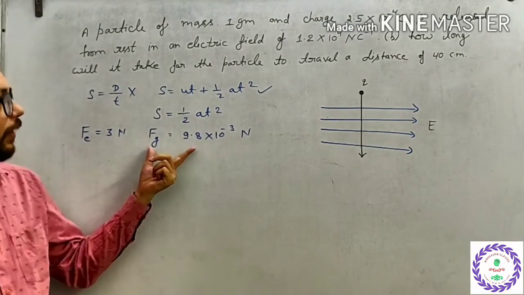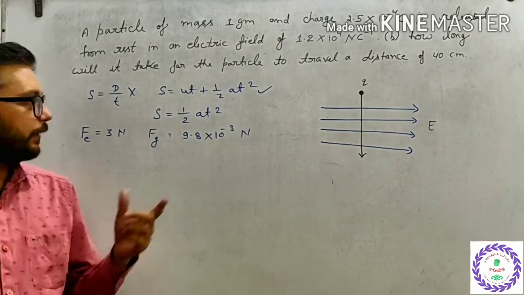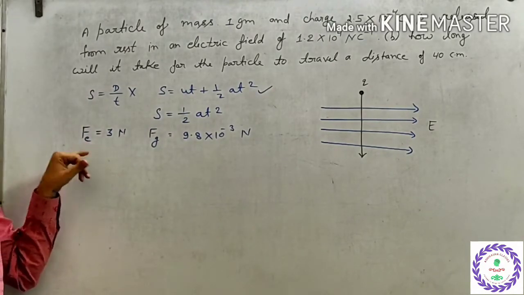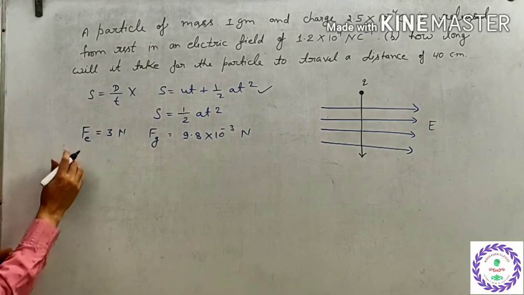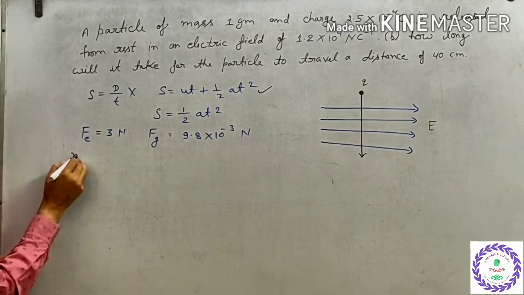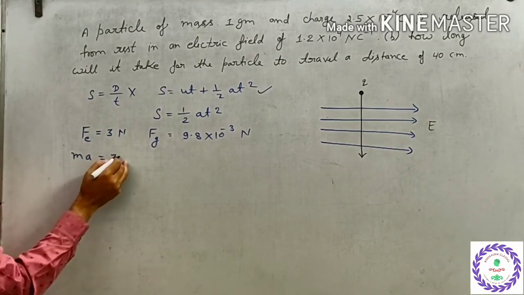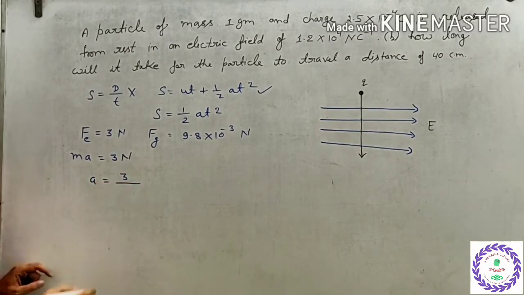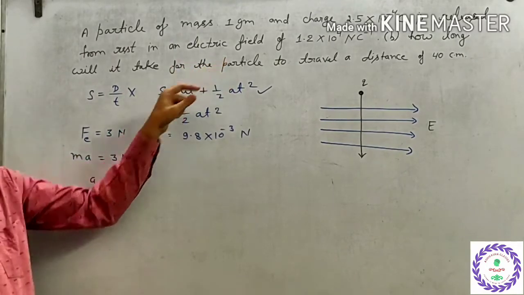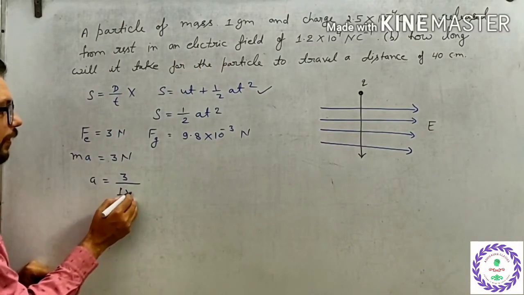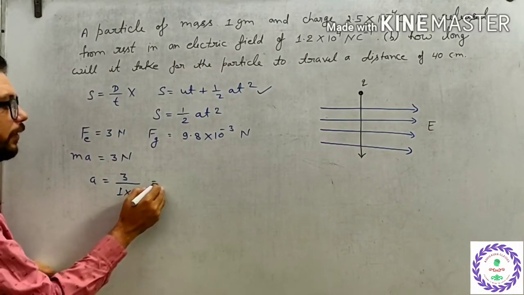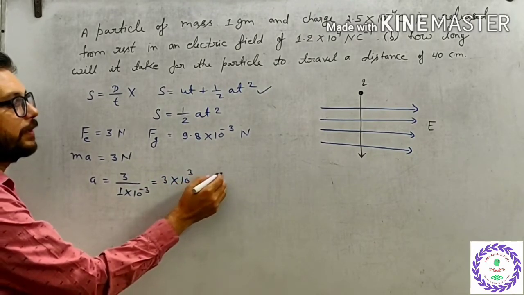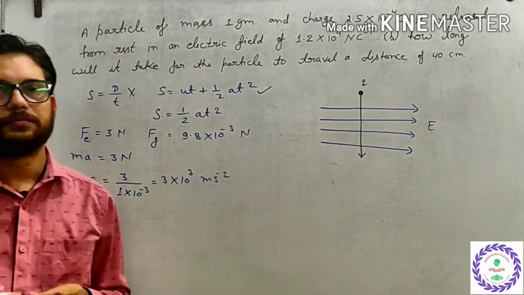So if we neglect the force of gravity, then the acceleration is only due to the electric force. So here in place of F we can write ma, that will be 3 Newton. So acceleration will be 3 divided by mass, and mass is 1 gram, so 10 to the power minus 3. So it will be 3 into 10 to the power 3 meter per second square.